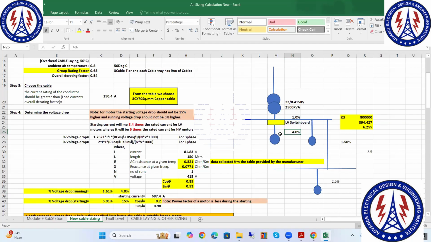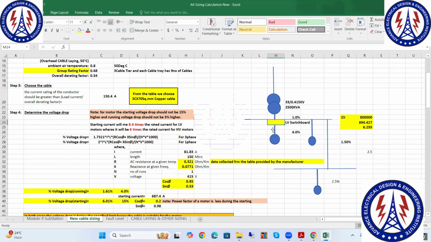Okay, this is the minimum voltage that should be available at the motor terminal, from source to the load. Suppose in between the transformer and the motor there is one more LV panel. From transformer to the panel, one cable will go, and from panel to the motor, another cable will go.